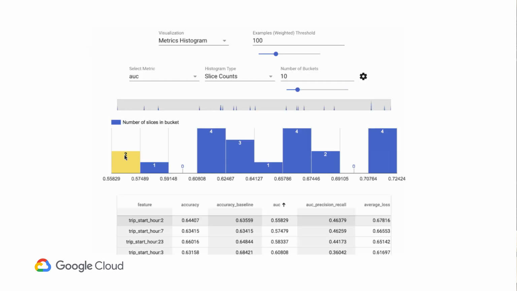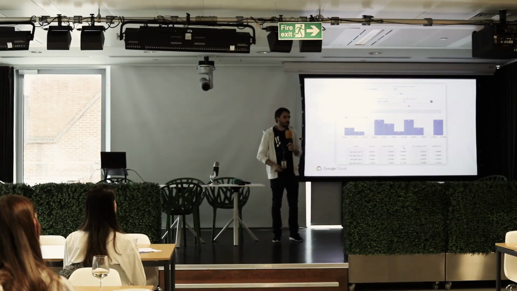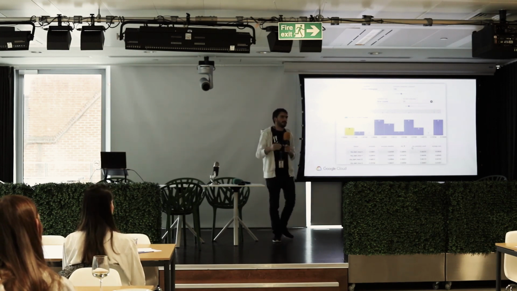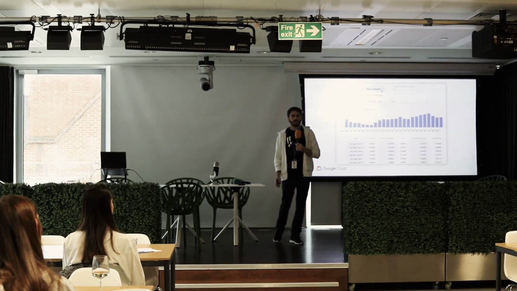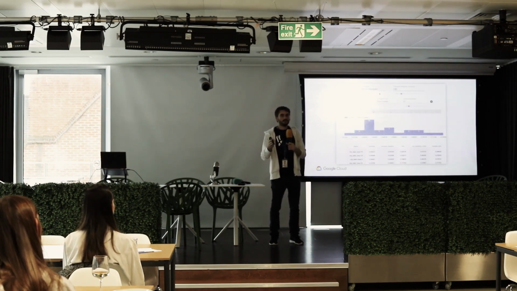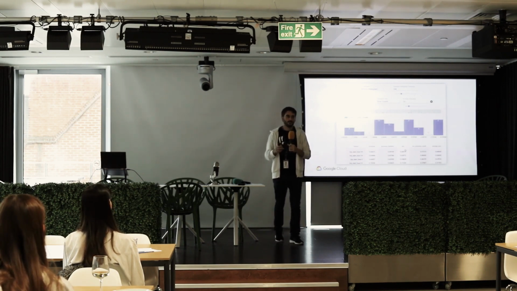But the most interesting one is slicing. So I know how my model performs overall. So I know it's a very accurate model. But then how does it perform between different parts of my data? So is my model accurate enough when I compare male and female, or is there a bias in the model?